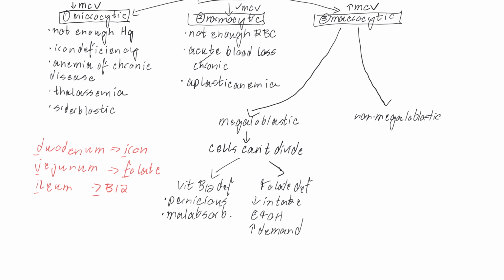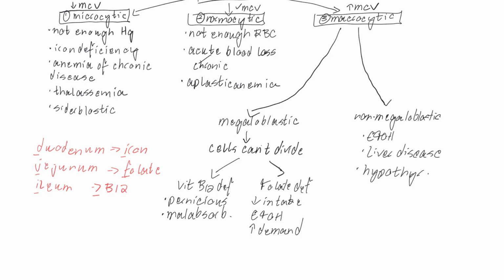The non-megaloblastic is not a DNA synthesis issue. So the cells can divide. DNA replication is normal, but something else is affecting how they're made. So it could be alcohol related, liver disease, a hypothyroid problem.